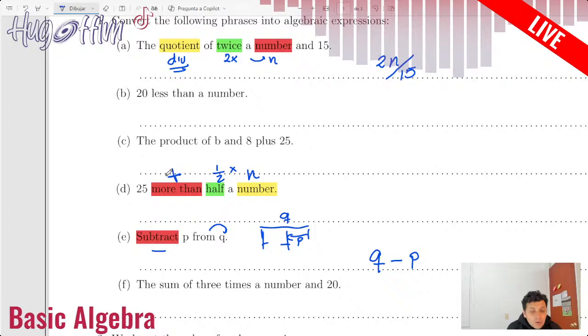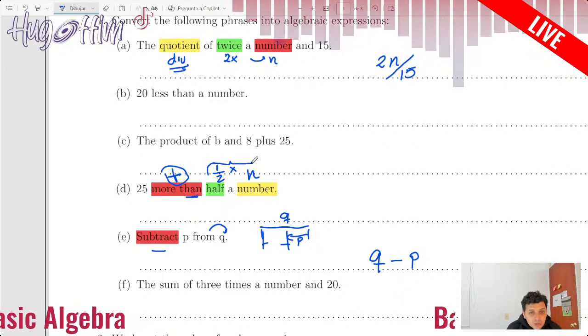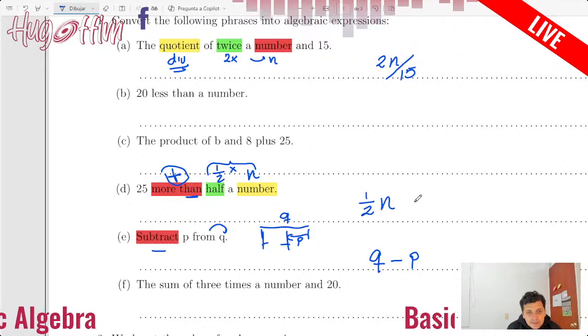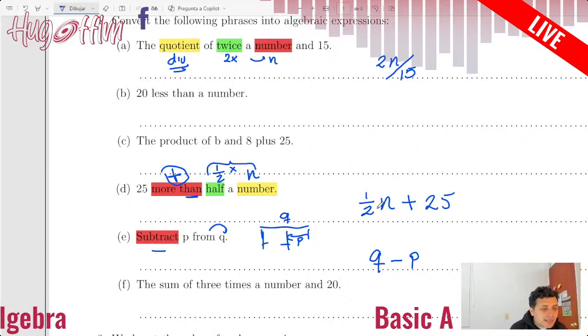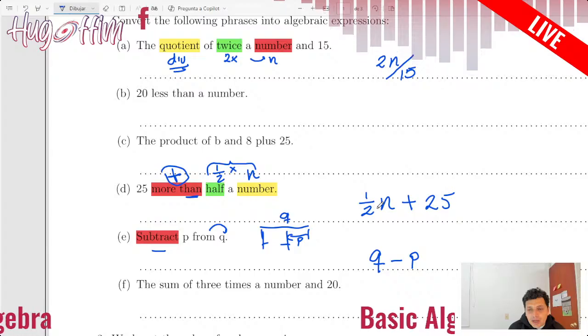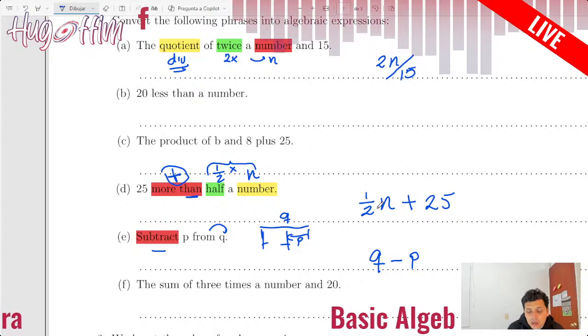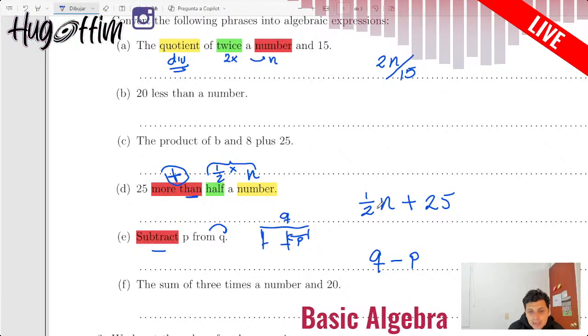As this is addition, but it says more than, it means that this expression goes first. So it's going to be 1/2 of n plus 25. This is how you can start working on converting into algebraic language.